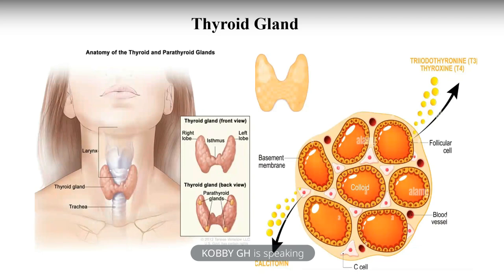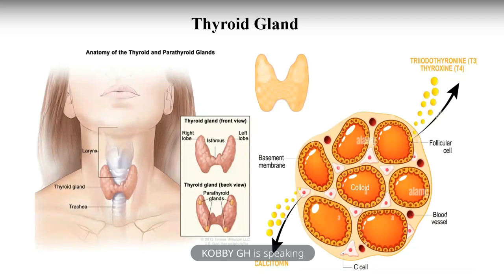What that means is that say a patient has a lot of T3 and T4. So the patient will have increased appetite. Again, T3 and T4 are responsible for metabolism, so they play a role in regulating your body temperature.